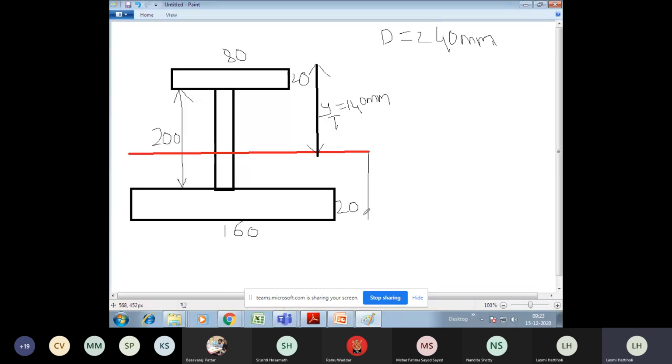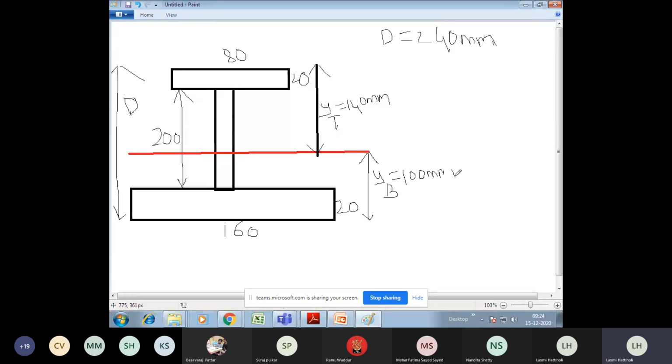Can you tell me what YB is equal to? Take your calculators. Capital D is 240. What is YB? 240 minus 140. So it is 100 mm. So YB is 100 mm.